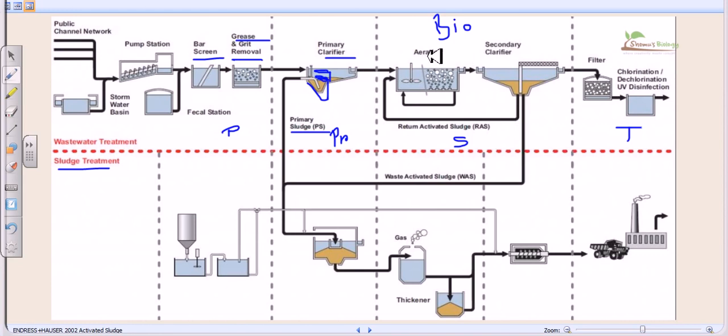Now these two things can also happen. In the aeration basin, we take the water from the primary clarifier and put it into this basin, and we vigorously aerate this basin all the time, throughout the time.